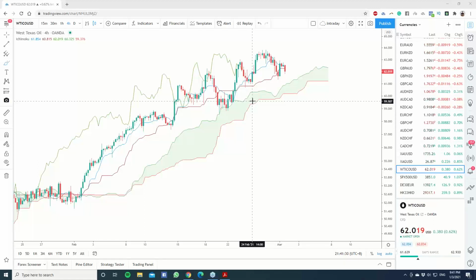Okay, next week we are talking about pivot points, which is another common indicator that I use quite frequently as well, more for intraday, short-term trading.